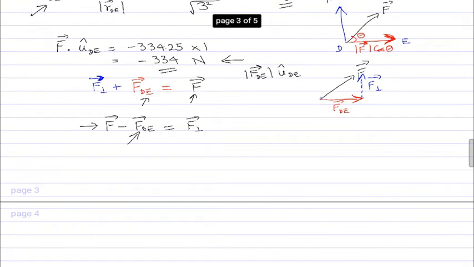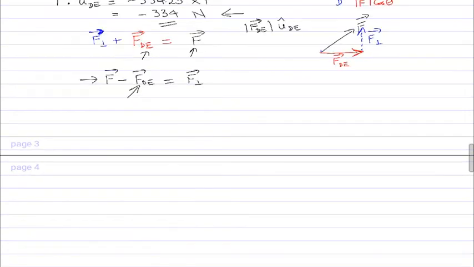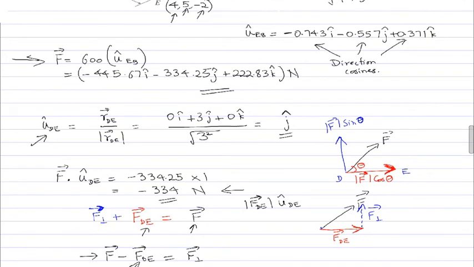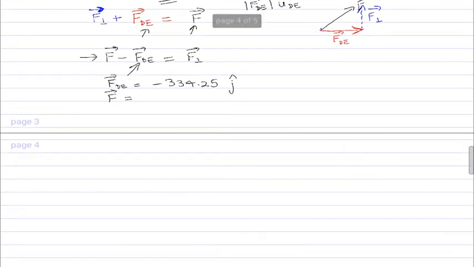Which essentially means F dE is given by negative 334.25 times J. F is this entire vector, which I'm not going to rewrite. And F perpendicular is F minus F dE.